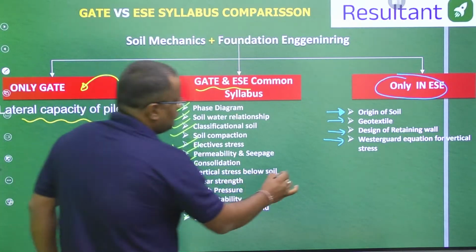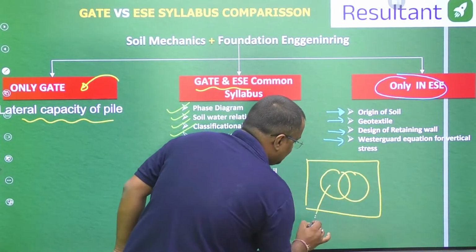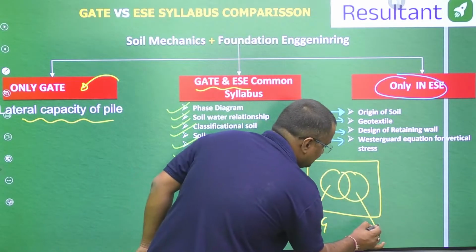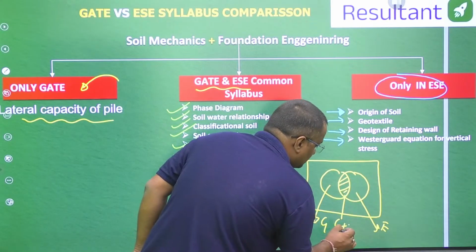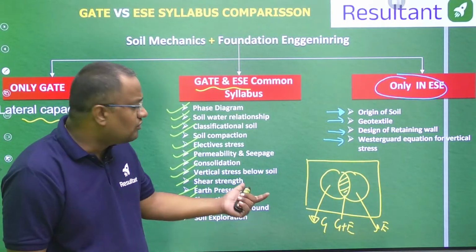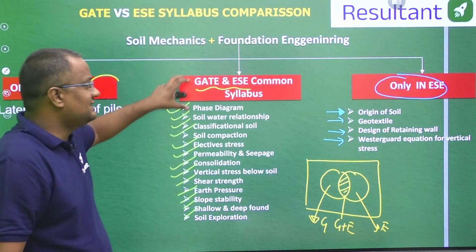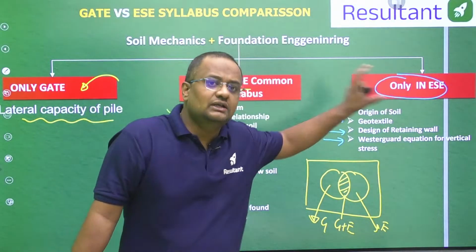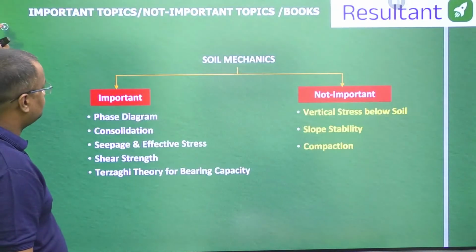So guys, what I want to tell you for each and every subject of civil engineering is what is the thing that is only in GATE, what is the thing that is only in ESE, and what is the thing that is in GATE plus ESE both. Rarely is a topic only in GATE. Usually a topic is in GATE and ESE both, or it is only in ESE.